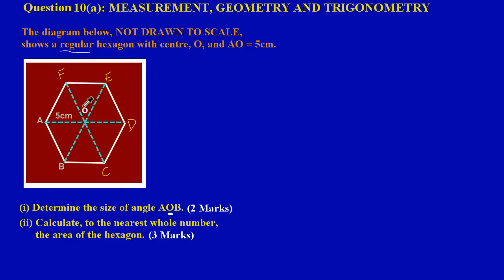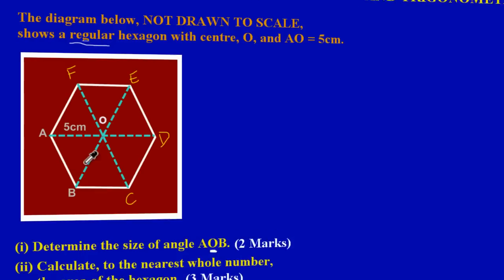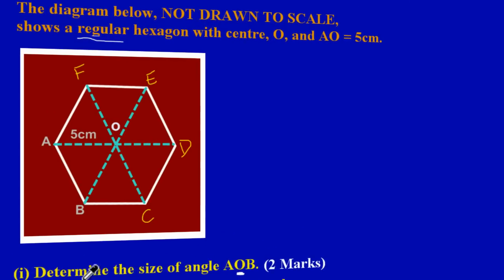For example, if you notice the angle AOB, which they're asking us in part 1 to find, the size of angle AOB would also be the size of angle BOC, which would also be the size of the angle COD, which would also be the size of the angle DOE.